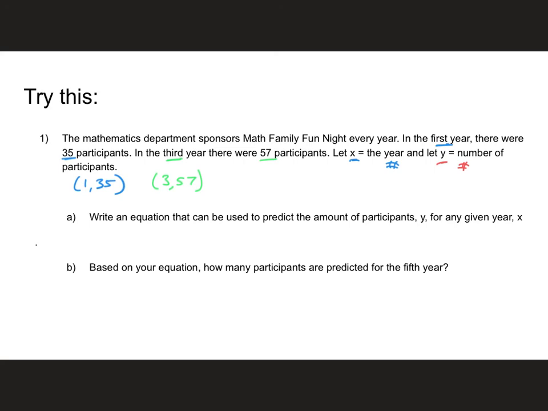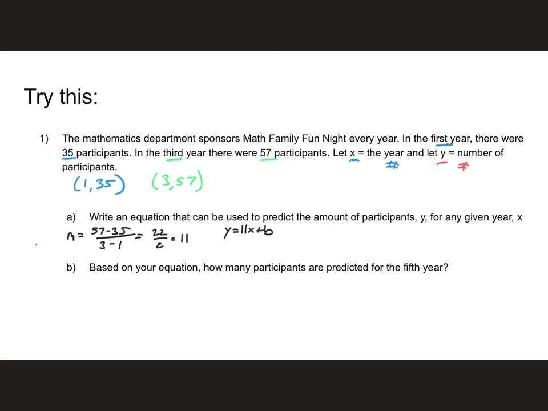Okay, so we'll go ahead and calculate the slope first, and we'll do 57 minus 35 over 3 minus 1. And 57 minus 35 is 22. And 3 minus 1 is 2. So that comes up with a slope of 11. Now when I plug that back into my equation, y equals mx plus b, it'd be y equals 11x plus b.